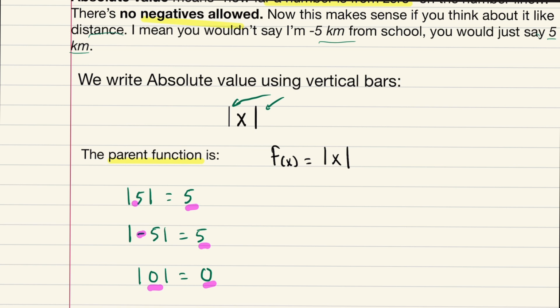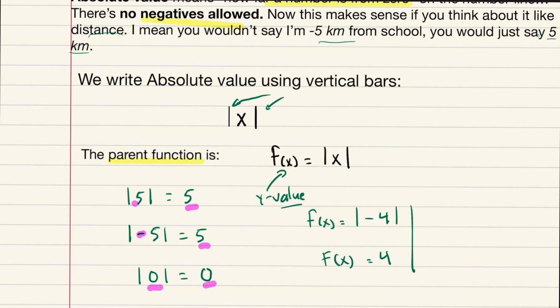And so, if we're thinking about it as a function, remember that f of x is your y value. So if I ask you what's the y value, or the f of x, when your x value is negative 4, well, for your absolute value, your f of x is just going to be 4.